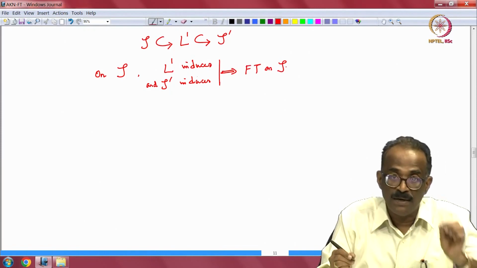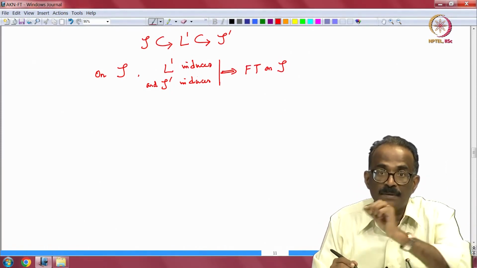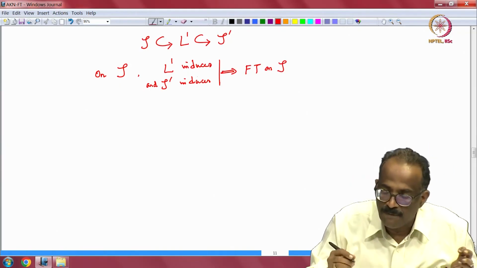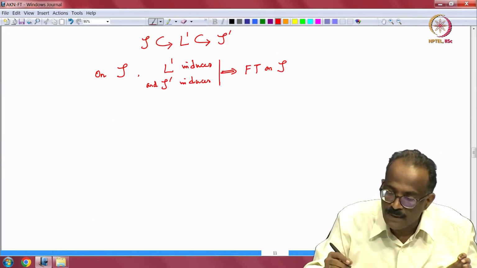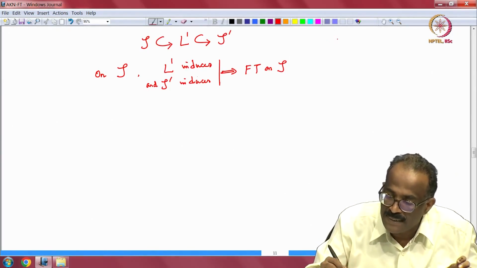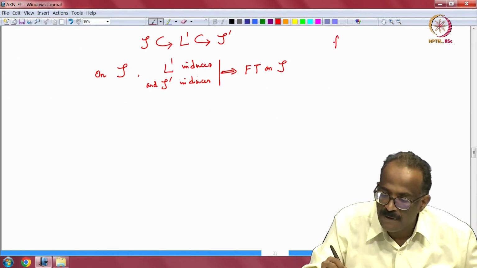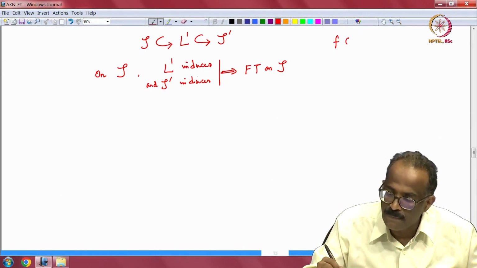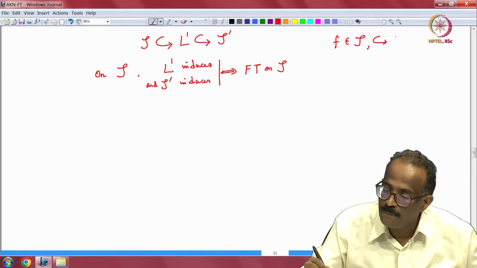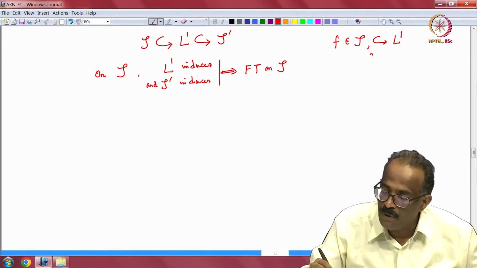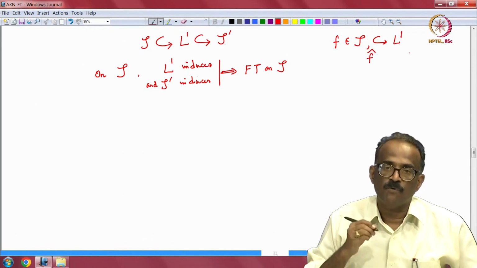You see, one Fourier transform on zeta comes from the L1 definition, the other from distributions. Basically, if f is in zeta, then f is in L1, and that gives you f hat, the Fourier transform.